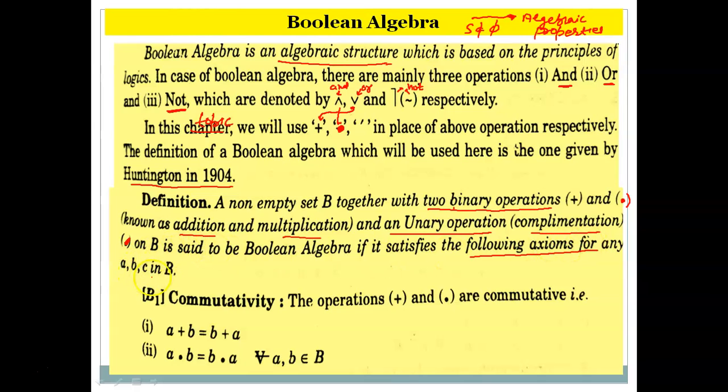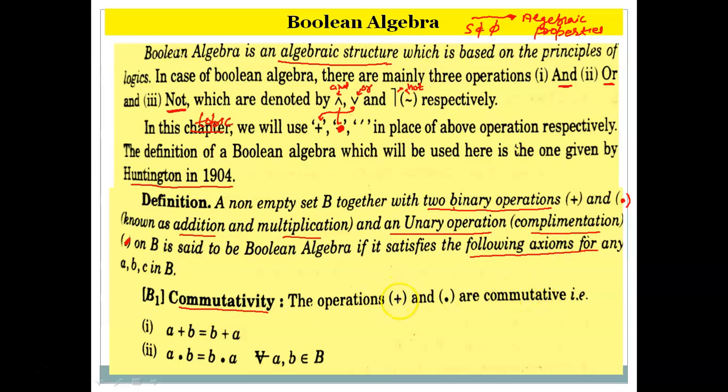For any three elements A, B, C in B, the first axiom is B1. B stands for Boolean algebra, and the one means the first axiom, which is commutativity. With respect to the operations plus and dot, the commutative law must be satisfied.